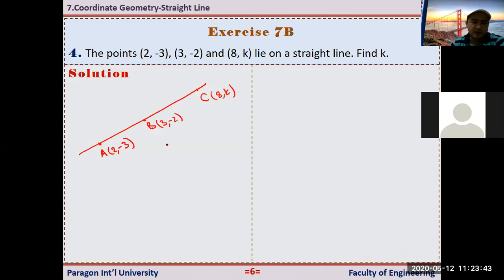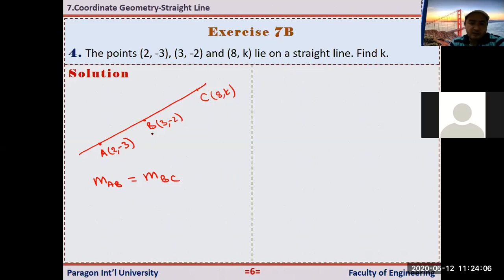Using this very important idea, gradient of AB is equal to gradient of BC, right? Because after all, they are lying on the same straight line. Okay, so this is a very important fact.